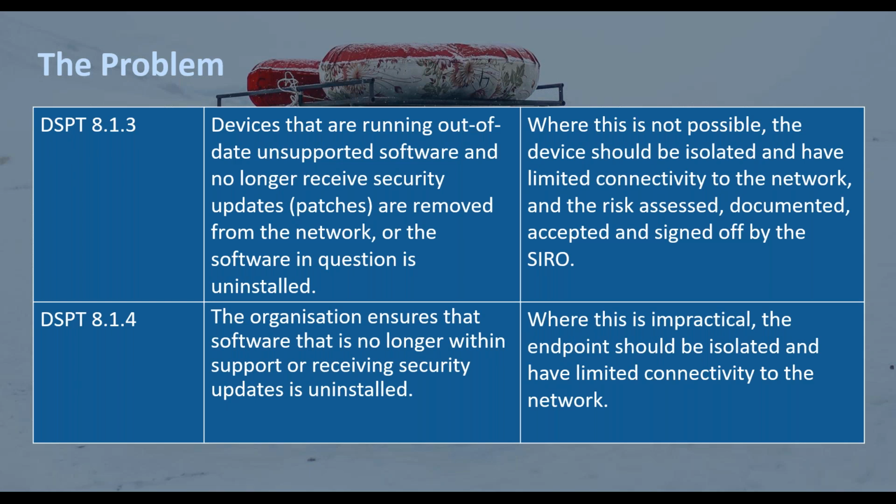The DSPT then goes on to say if you can't get rid of it, then the next best thing you can do is to isolate that machine. Make sure it has limited connectivity to the network. You then, of course, need to assess the risk that it will still pose to the trust and to the other devices within that network. And obviously then you've got all the joy of documenting those sort of things as well.